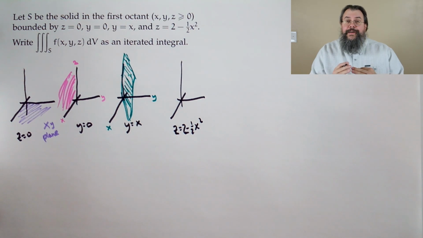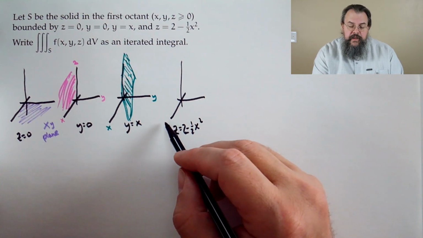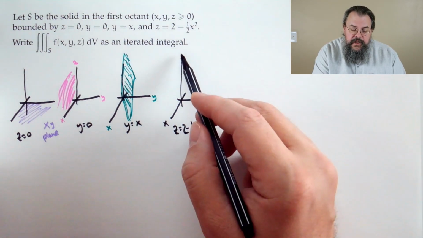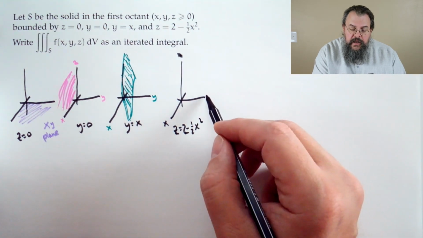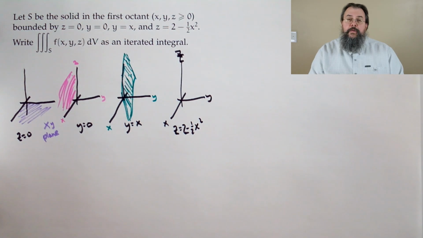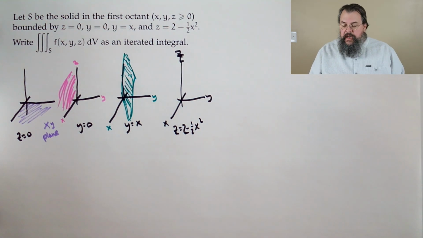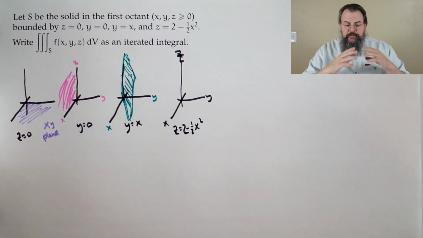xz plane, because there's no y, so we should start with just x and z, and we say, hey, if it's in the xz plane, we can visualize what that would be. That would be a parabola. It would be a parabola where it's going down because of the minus attached to the x squared, and it's been shifted up.